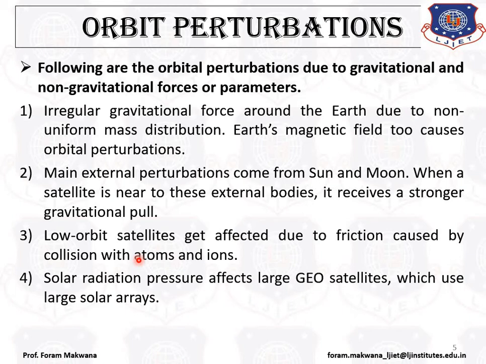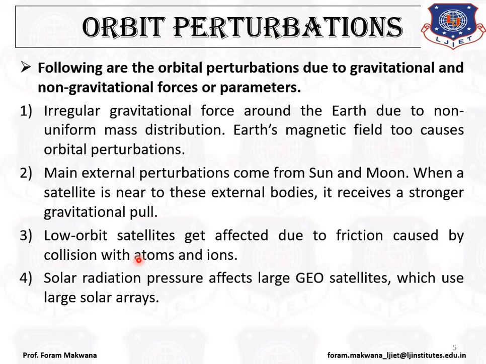Fourth is solar radiation pressure, which affects large geosatellites which use large solar arrays. Why? The reason is the height of geostationary orbit is approximately, or you can say ideally, 36,000 km, and practically it is 35,786 km, which is farthest from the earth.